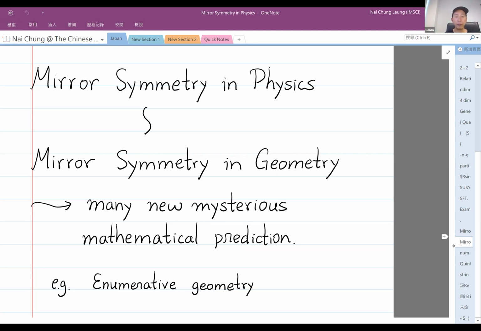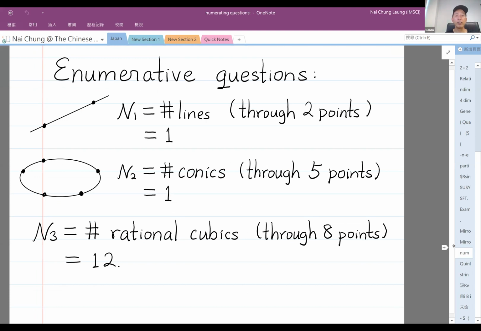So let me say a bit about these enumerative questions. These are very classical mathematical questions. Let's look at plane geometry on a two-dimensional plane. The first one is to count the number of lines. Given any 2 points, you have exactly 1 line.